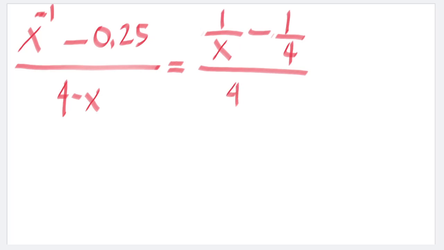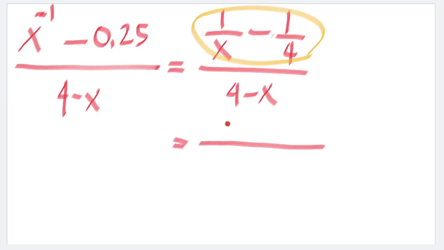And this is 4 minus x. Okay? Now, I'll just have to combine this term. That would be, of course, your least common denominator is 4x. 4x divided by x is 4 times 1, that is 4, minus 4x divided by 4, that is x, minus x, all over 4 minus x.